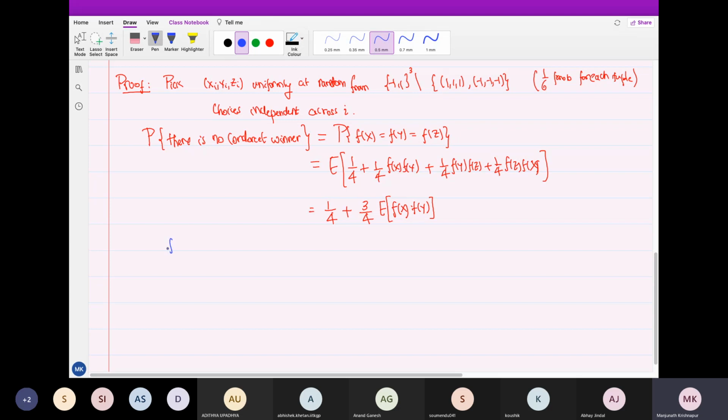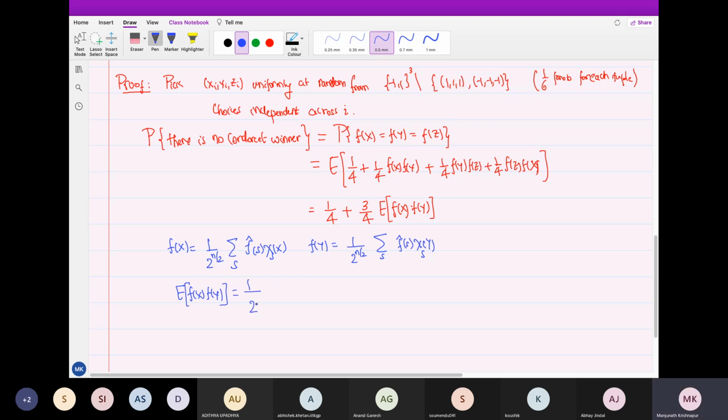So write f of x as the sum over s of f hat of s chi s of x, and fy is similar: the sum of f hat of s chi s of y. Take the product and expectation. So what is the expectation of fx times fy?